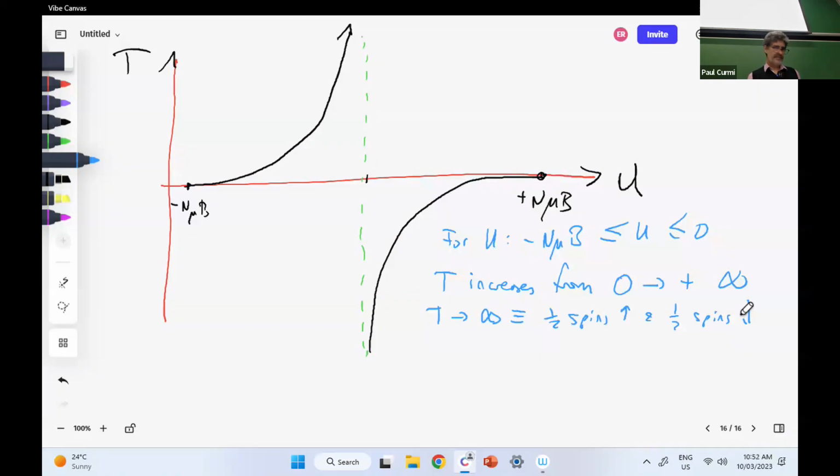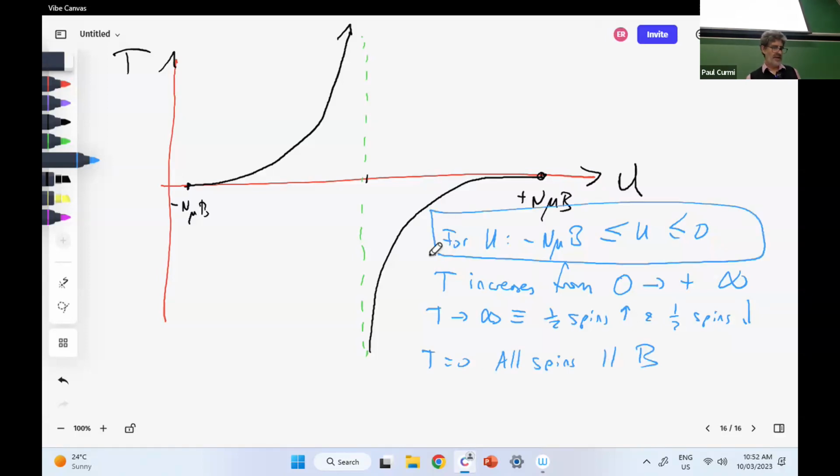And T equals 0, all spins parallel to B. Okay, so this is for that condition. And this gives me S equals 0, omega equals 1 at energy equal to minus N mu B. So that side's okay.